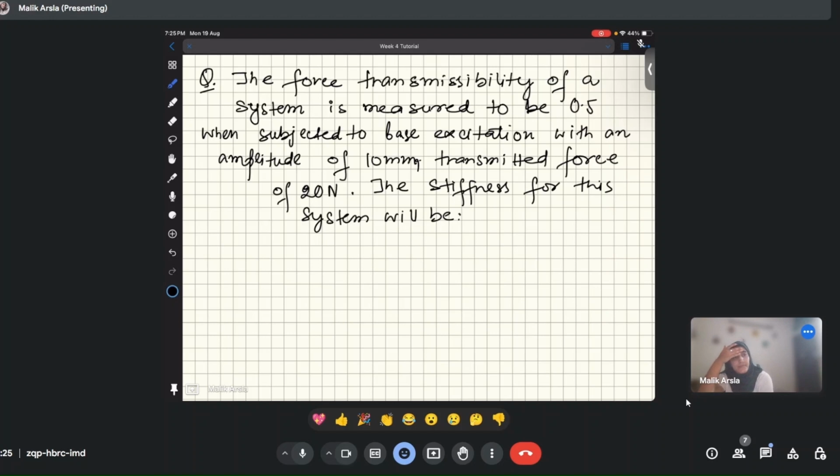Others got the answer? So basically, we have been given force transmissibility as 0.5.